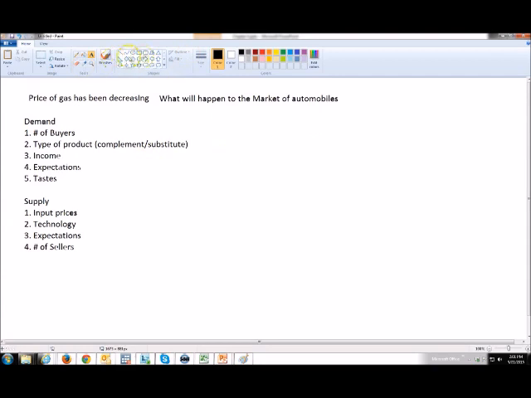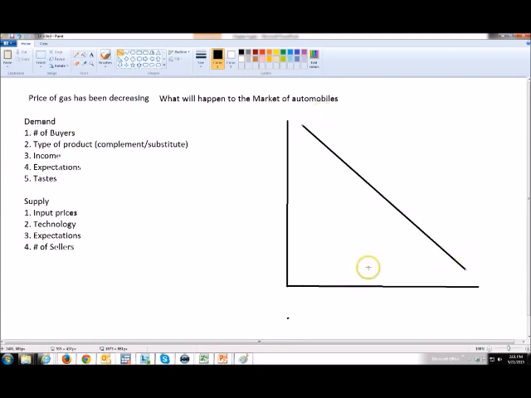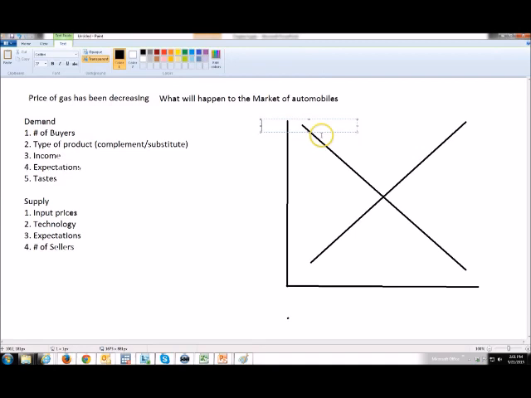So let's first draw a generic demand and supply curve, and we're going to note from there. This is my y-axis. This is the other one. This is my demand curve, and this is my supply curve. We should always label the axis.